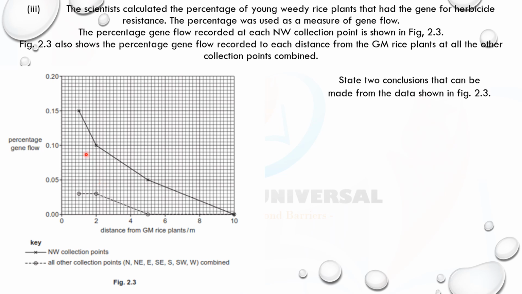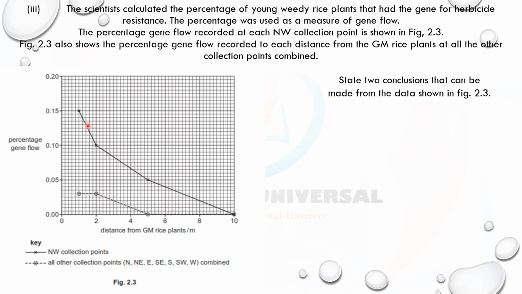Now watch, guys. Can you see for both of them, an increase in distance from the GM rice plant causes a decrease in percentage of gene flow? Each of them decreases, both in northwest and other directions. That's what it's telling me. That's the conclusion.